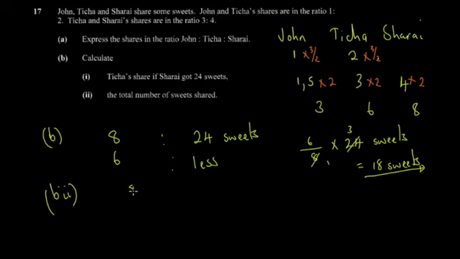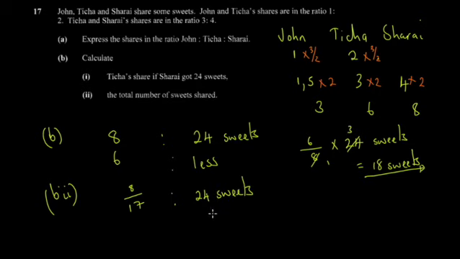So Sharai's share is 8 over 9 plus 8, which is 17. Here, 3 plus 6 gives 9, then plus 8, you get 17. So this fraction here corresponds to what? To 24 sweets.